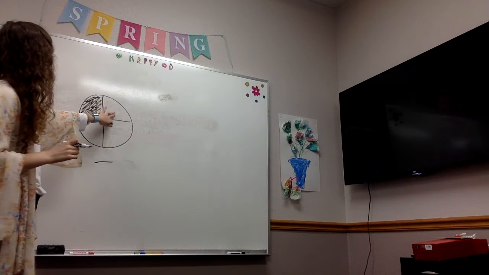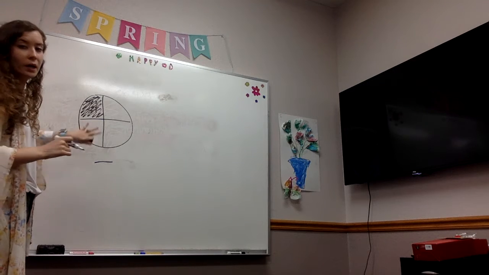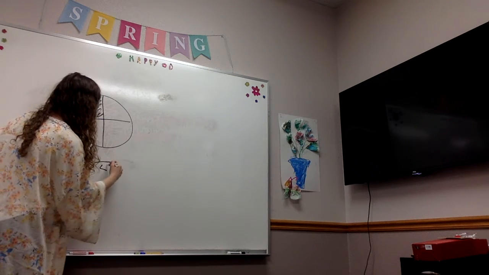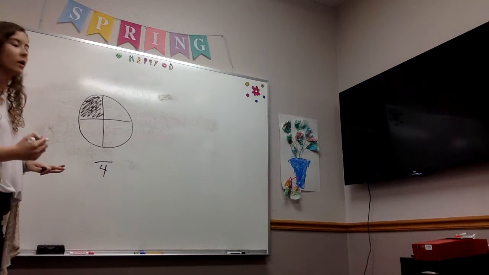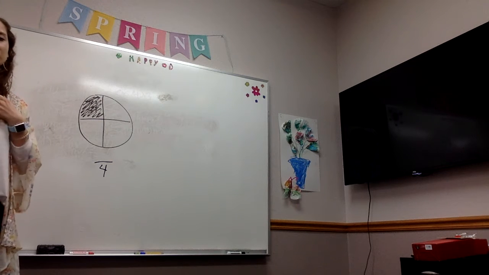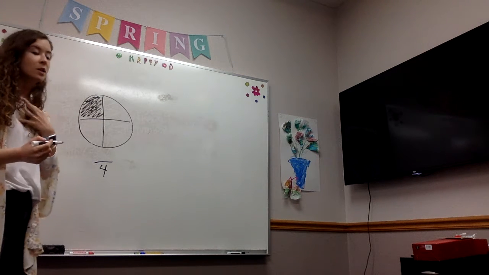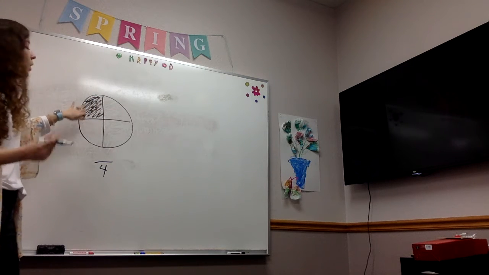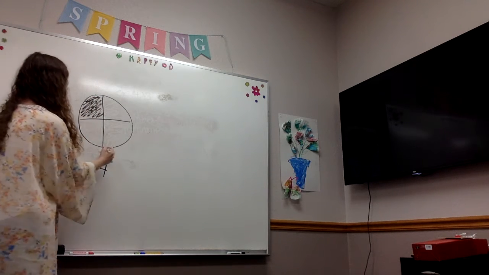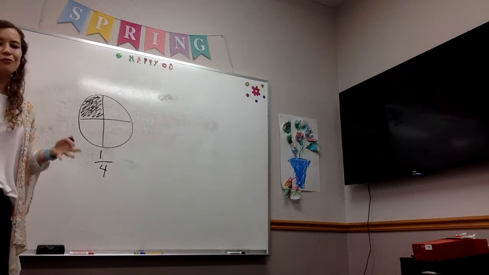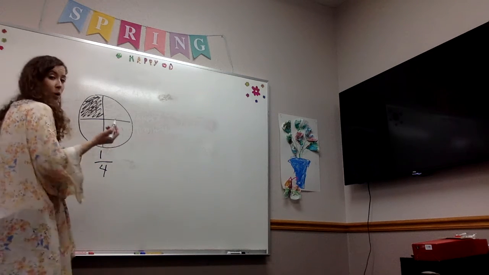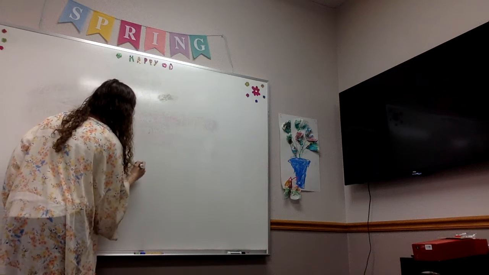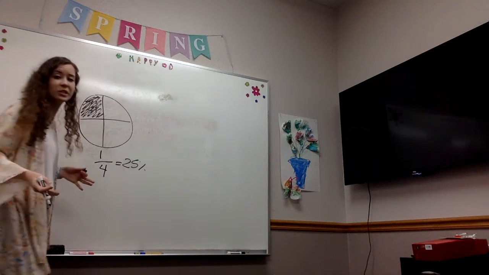So we have 1, 2, 3, 4 equal pieces. So we know our denominator is going to be 4. So I want to know how much of the pizza I ate. So the shaded part is what I've eaten. So I ate one section of the shaded part. So that tells me that I ate a fourth of my pizza, or a fourth equals 25% of my pizza.